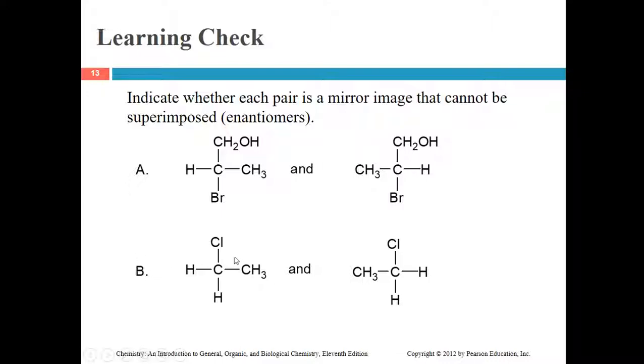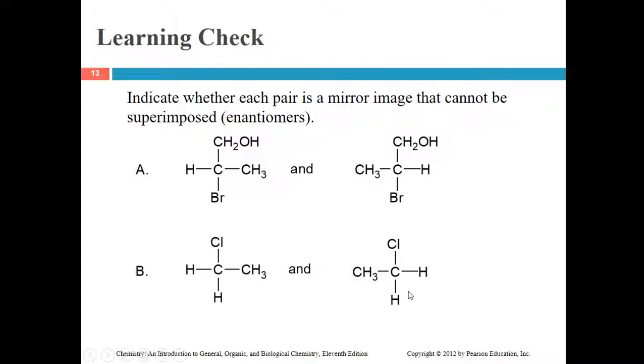B, though, first of all, it's not chiral because this carbon has 2 items of the same on it. It has 2 hydrogens. So because it's not chiral, it cannot have a mirror image. Even though you might think, oh, this looks like a mirror image, by definition, if it is achiral, it cannot be non-superimposable.